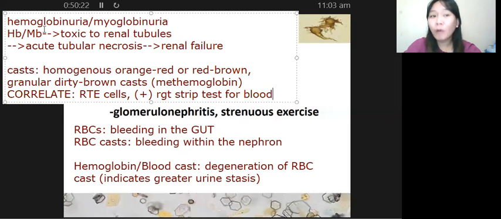Kasi 'di ba, pag hemoglobin at saka myoglobin, magpa-positive 'yan sa reagent strip ng blood. Pero ang cell na makikita mo ay RTE cell. Kasi ang problema mo pag hemoglobinuria at saka myoglobinuria ay yung renal tubules, hindi yung glomerulus.